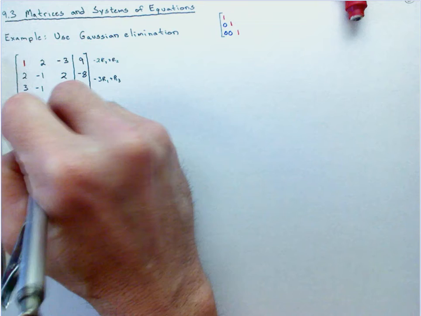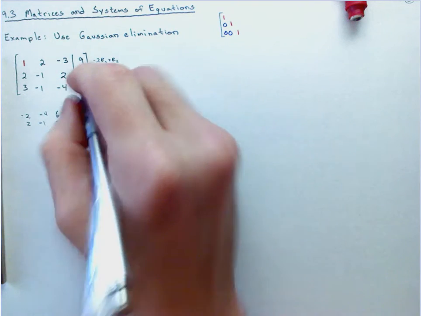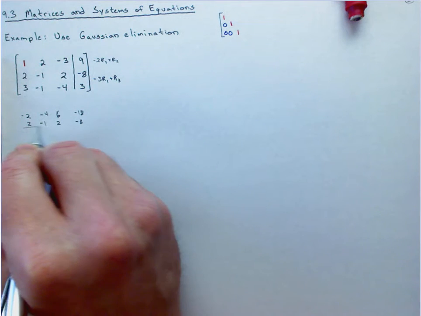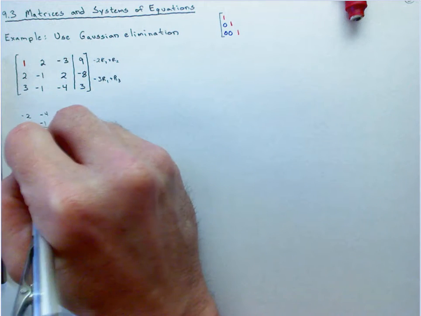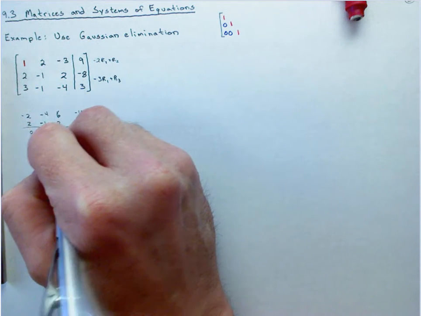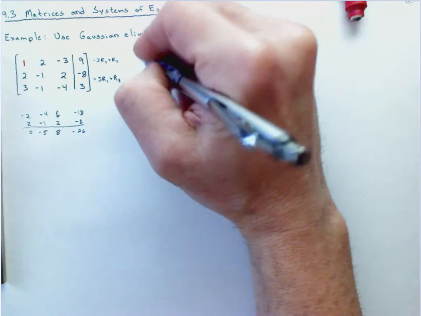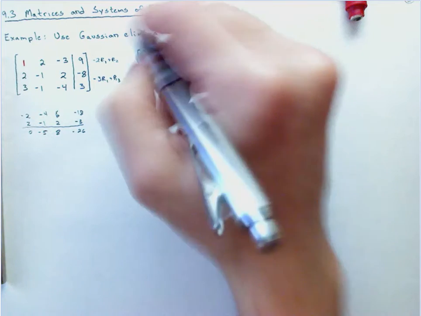And row 2 is 2, negative 1, 2, negative 8. I have to add them together, and that's going to give me my new row 2: 0, negative 5, 8, negative 26. So row 1 didn't change from what I'm doing. I was doing that to change row 2.